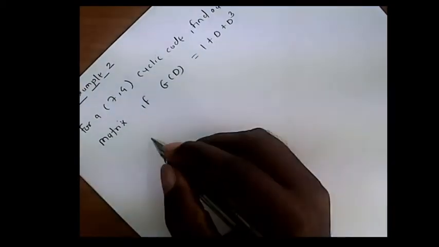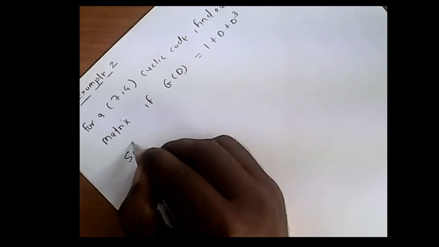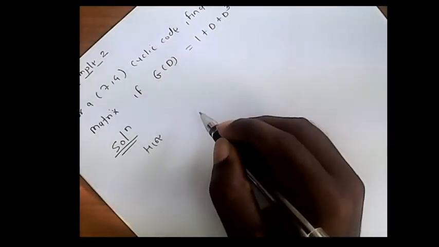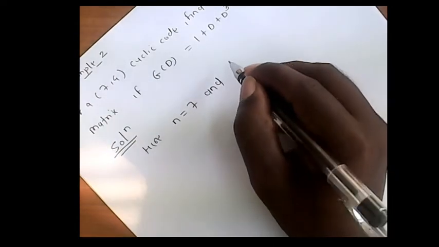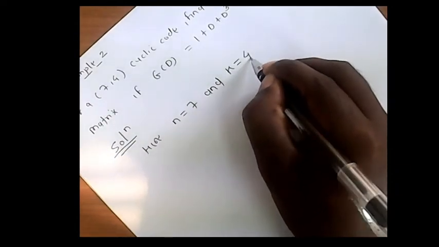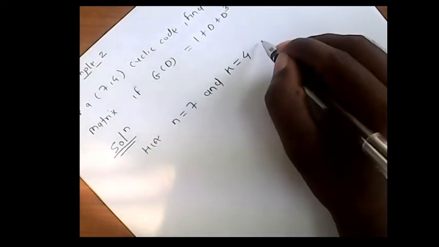Now to find out the solution, that is the generator matrix, capital G. So here first we are given the dimension of the cyclic code, n is equal to 7, and the length of the message, that is k is equal to 4. Hence 7 minus 4 is equal to 3.